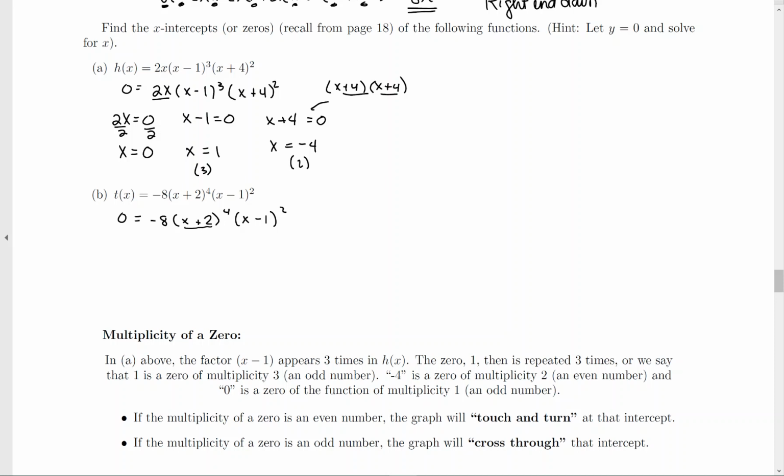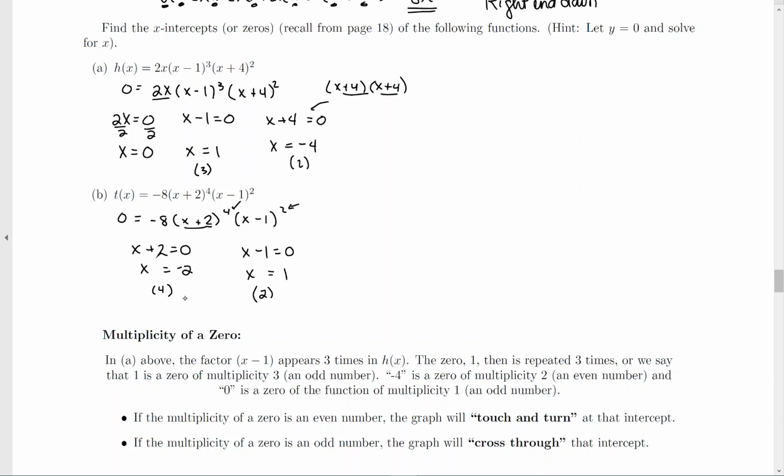In order to do that, I set x plus 2 equal to 0, solve for x, and recognize that power 4 just means that that number -2 would have shown up 4 times as an answer. Same with x minus 1. Set that equal to 0, solve for x. X equals 1 would have shown up twice as an answer.